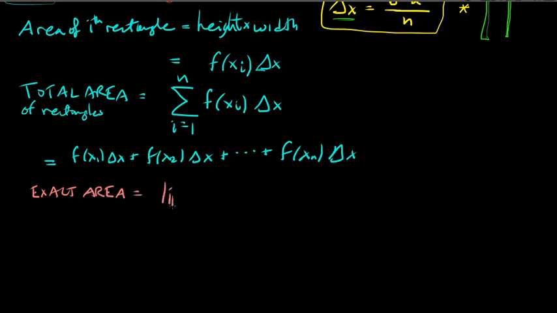It's the limit as n goes to infinity of the total area of all the rectangles, i goes from 1 to n, so we have n rectangles, times f of xi. I'm going to change this to ci. You could use xi, but this works more generally. And then times delta x. That gives us the exact area.